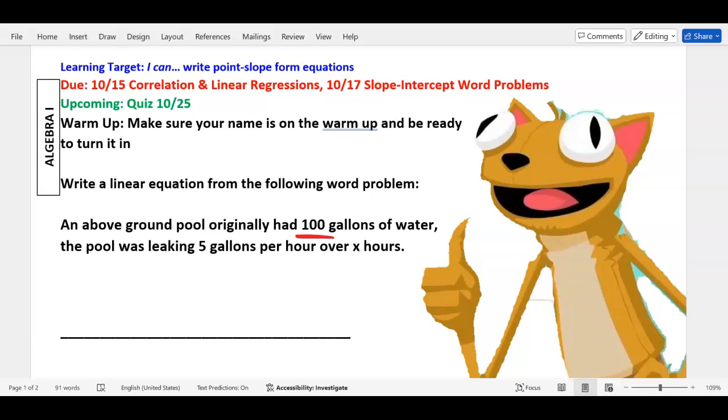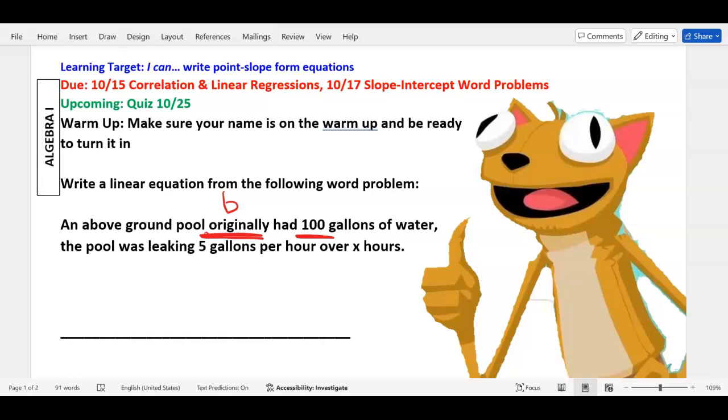What do y'all think? Is it describing a change or no for 100? No. It says that's the original. Original, where it begins. That's the letter B. So again, if it happens one time, original, starting, that's the B.